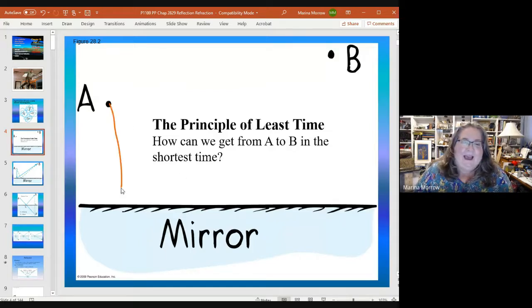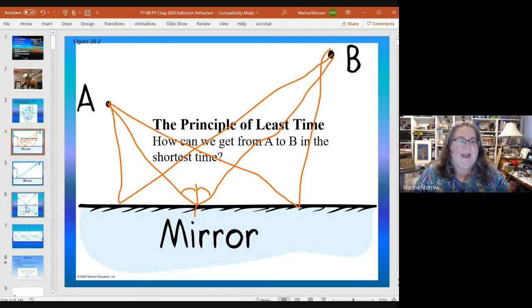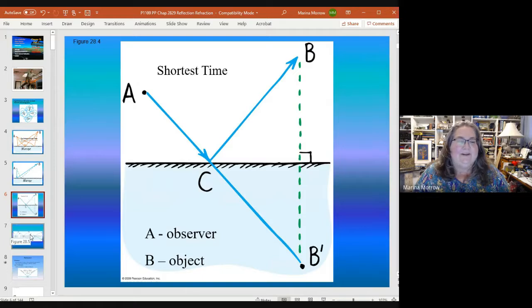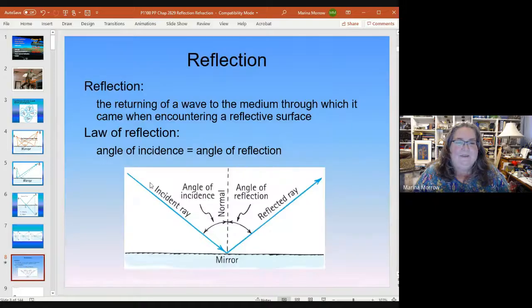And any path that you draw, the shortest one is the one where the angles are equal. So remember we talked about in sound how the angle of incidence and the angle of reflection were the same. And so that is, of course, how it turns out for light. So for light, the angle of incidence equals the angle of reflection.